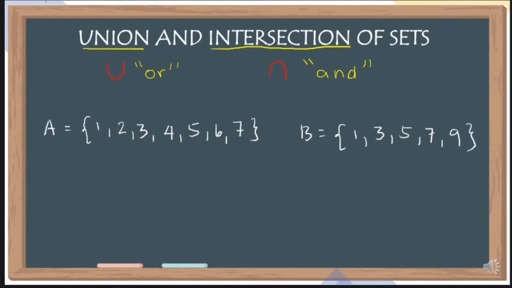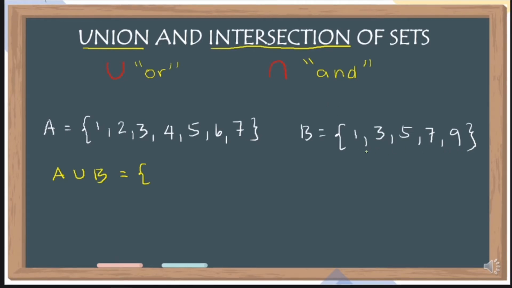Now, pinapahanap sa atin yung union ng set A and set B. So, pag sinabing union, isulat natin lahat ng elements ng A plus yung elements ng B. Pero, kung naulit mo na yung element na yun, isang beses mo lang siya ilalagay.